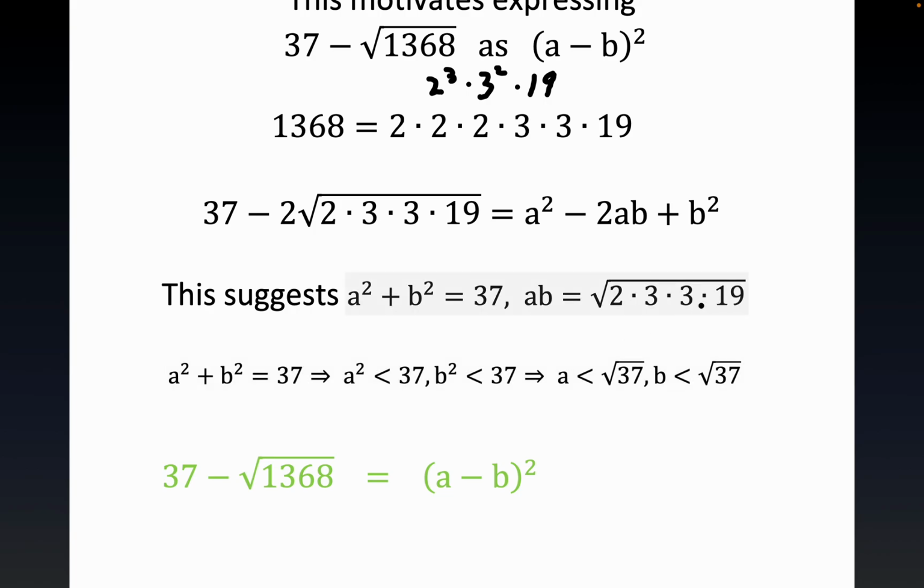Otherwise, if you multiplied 19 times any of these other numbers to get a divisor, you would get a number bigger than 37. 19 times 3 is 57. 19 times 2 is 38. So 19 has to stand alone, and that forces the assignment of a equal to the square root of 19.